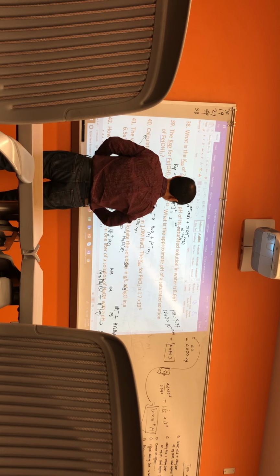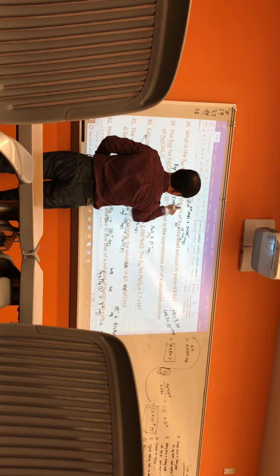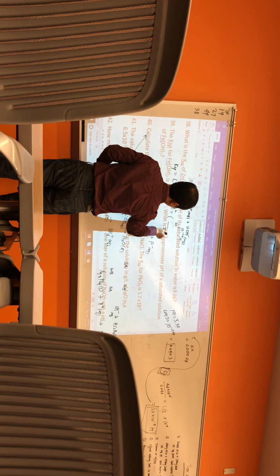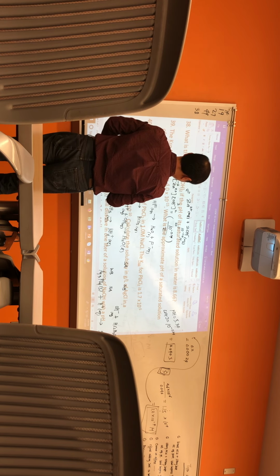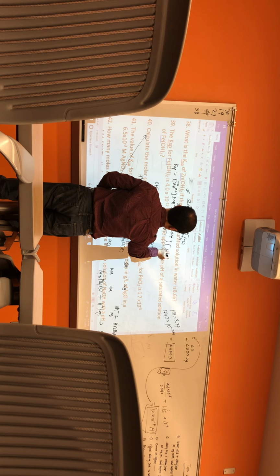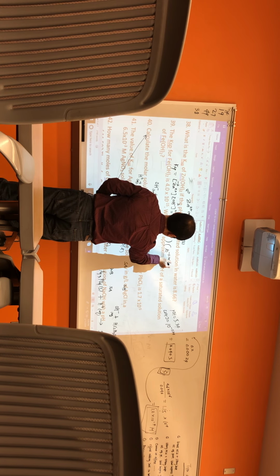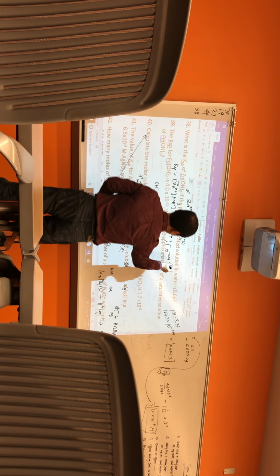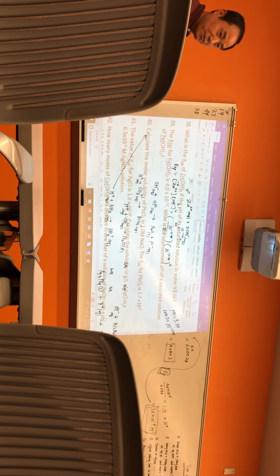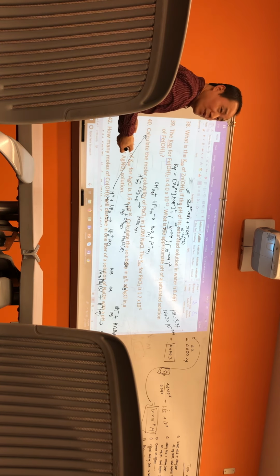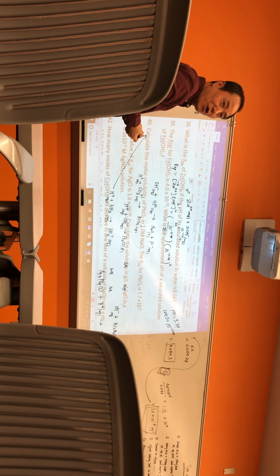So I can write half of that number, that's zinc, and the hydroxide is that number, and we're going to raise it to the second power. That's your KSP. Are you comfortable with this?